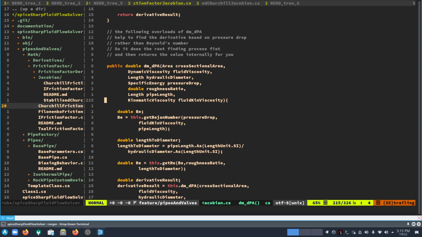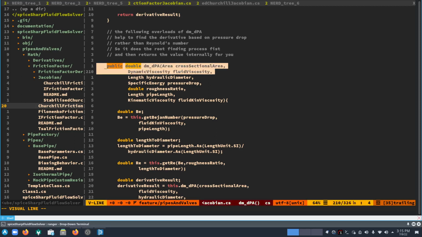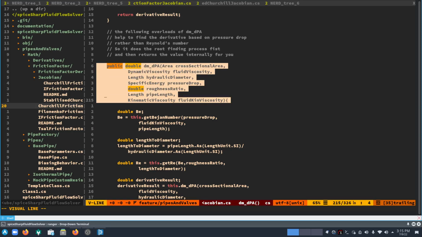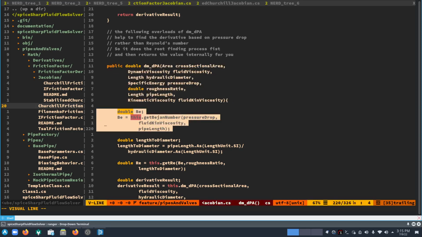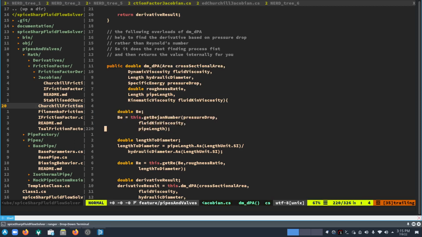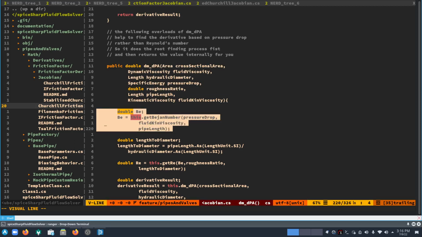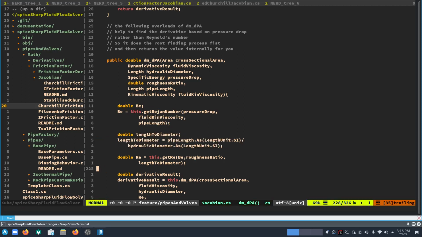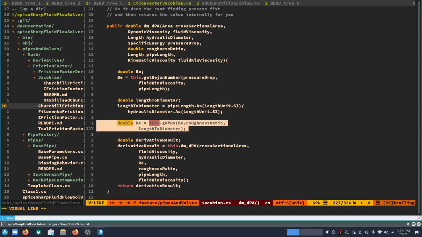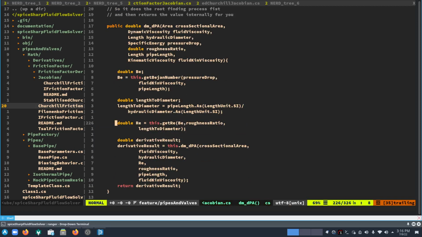So first thing, I will of course take in all these arguments. First, I will get a Bejan number, and once I get the Bejan number, I will calculate the length to diameter, and then I will calculate the Reynolds number here. How do I get the Reynolds number?